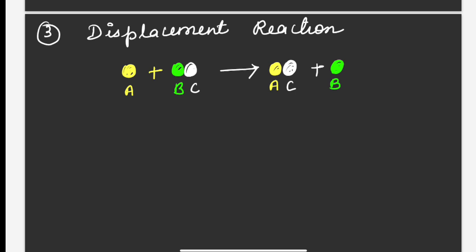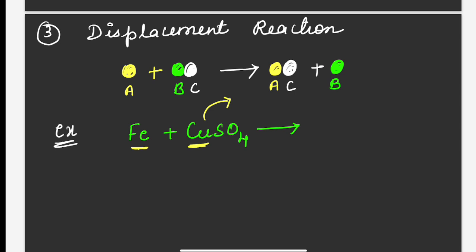So let us take one example for this now. You can take iron, Fe is called iron. So iron, when you react with copper sulfate, CuSO4, iron will displace copper. Copper will be displaced and iron will combine with SO4.